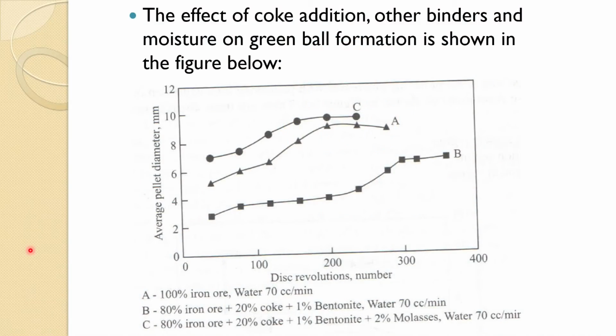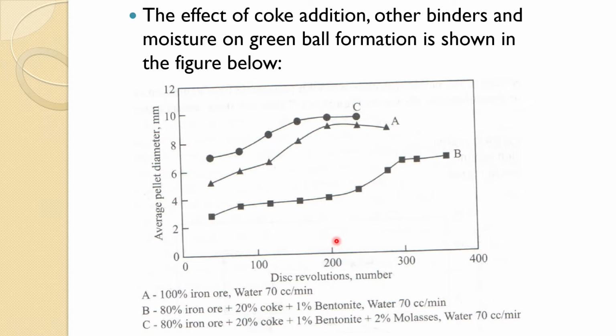So, this figure shows the effect of coke addition and other binders and moisture on green wall formation, and as one can see, just with the iron ore and water you get a very good average pellet diameter when the disk revolution is about 200 or so.